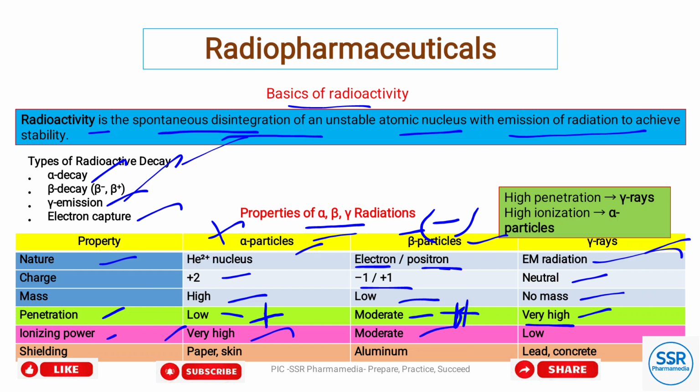Beta is moderate, and gamma has a very low ionizing power because, with its high penetration, it goes from one side to the other. As for shielding, alpha can be shielded by paper or skin, beta is shielded by aluminium, and gamma requires concrete and lead.